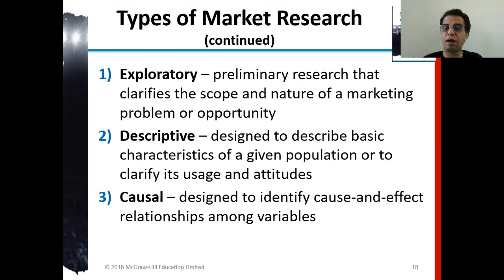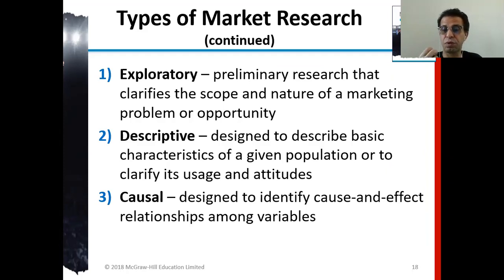Now, we do have, as we said, different market research. It's different than the data, which we said is descriptive and predictive. Here, we're asking the market research to do some kind of exploratory, or we can ask them to do a descriptive research or a causal research.